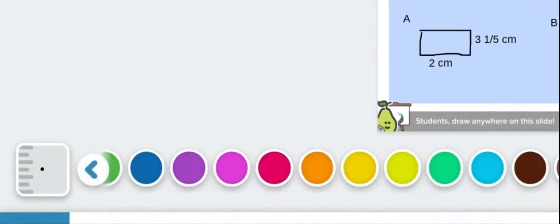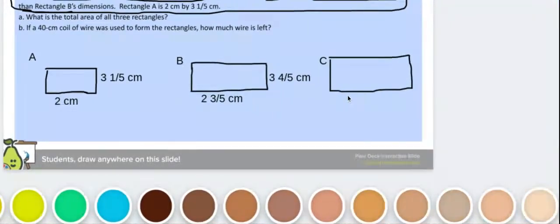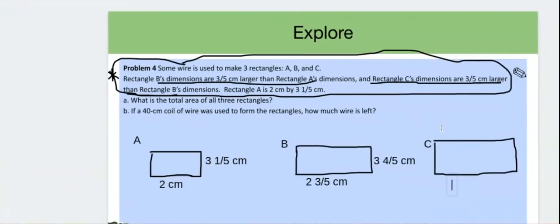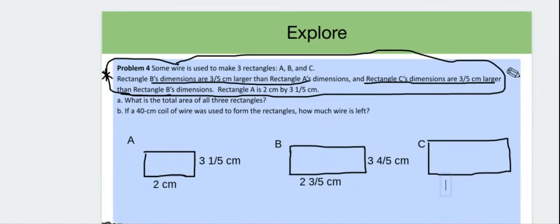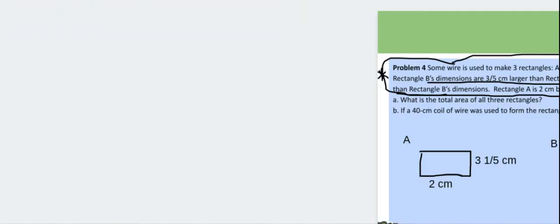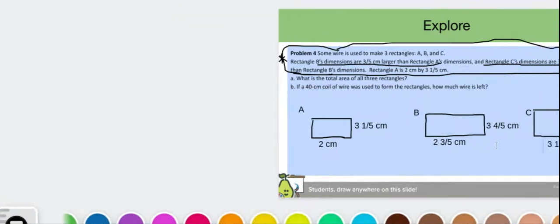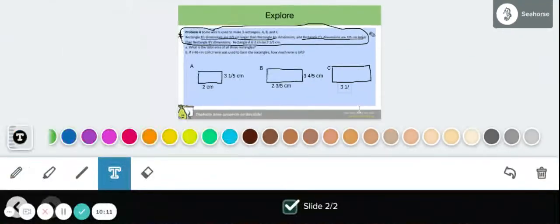And all I did was take the 2 3/5 and add 3/5 to it, because remember, this is 3/5 larger. So 3 and 1/5 centimeters. That's the length of rectangle C.